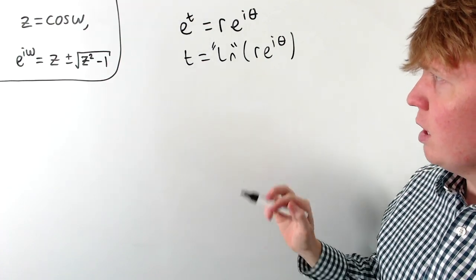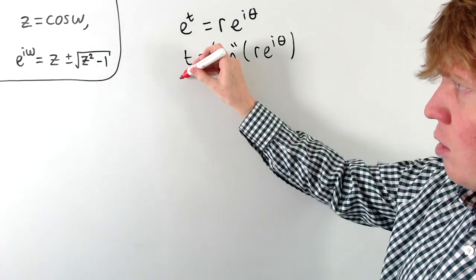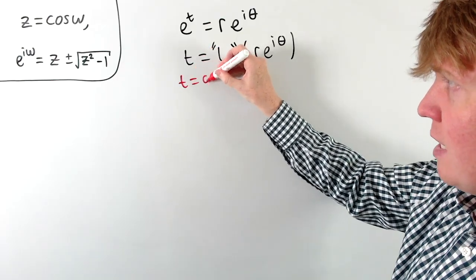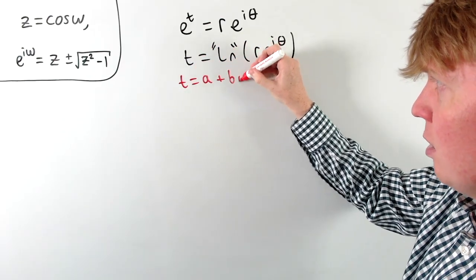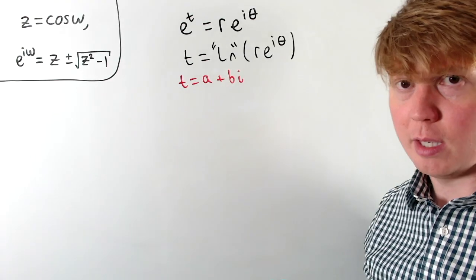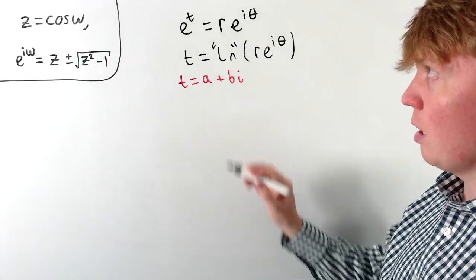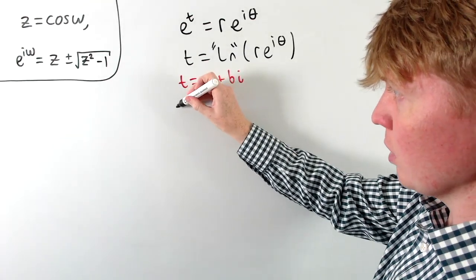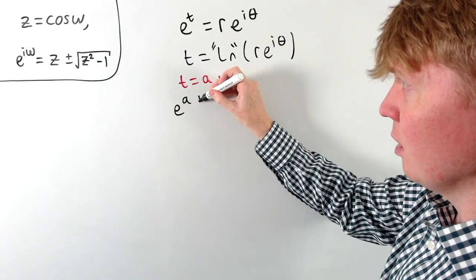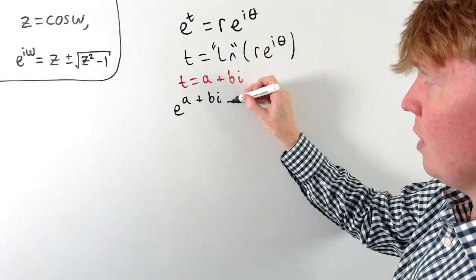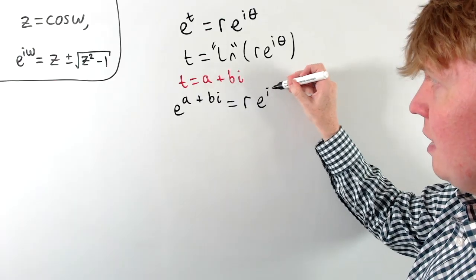So if we introduce t and write this as its real and imaginary part, so we write t equals a plus b times i, where a and b are both real numbers, then our equation that we're trying to solve becomes a bit nicer. We've got e to the a plus b times i equals r e to the i theta.